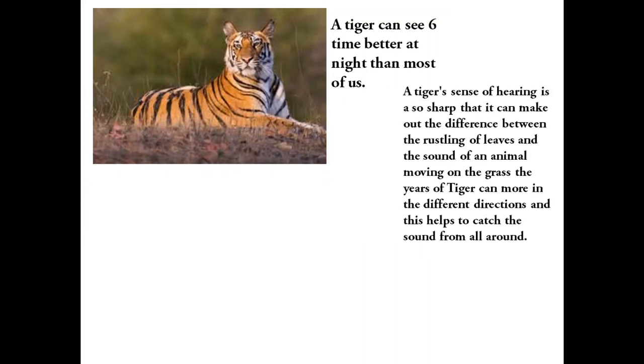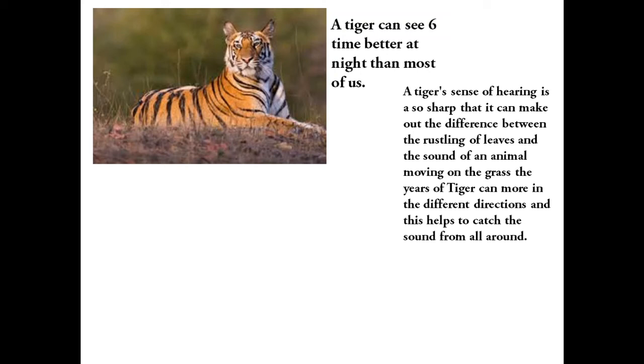Next one. A tiger's sense of hearing is so sharp that it can make out the difference between the rustling of leaves and the sound of an animal moving on grass.